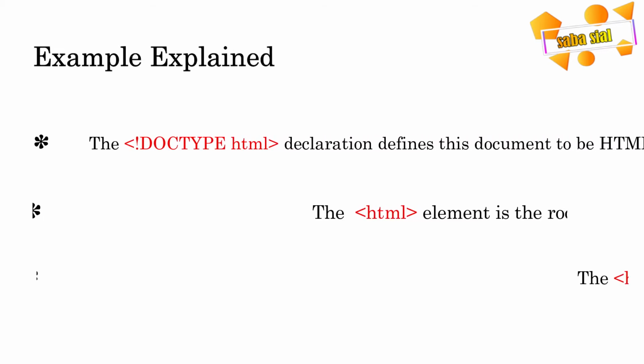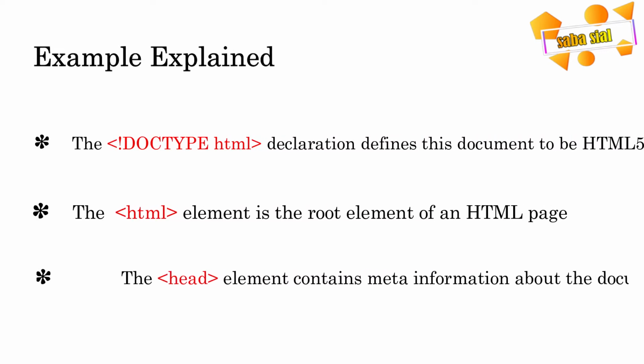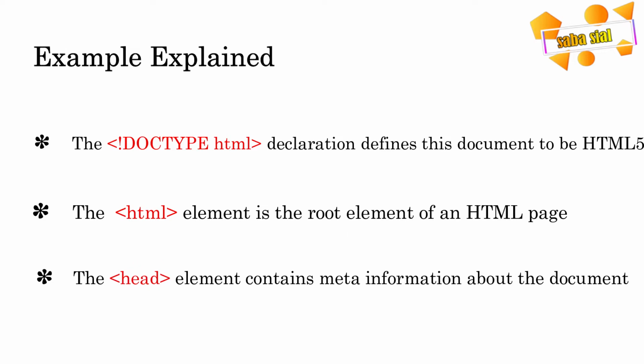The doctype HTML declaration defines the document to be HTML5. The HTML element is the root element of an HTML page. The head element contains meta information about the document.